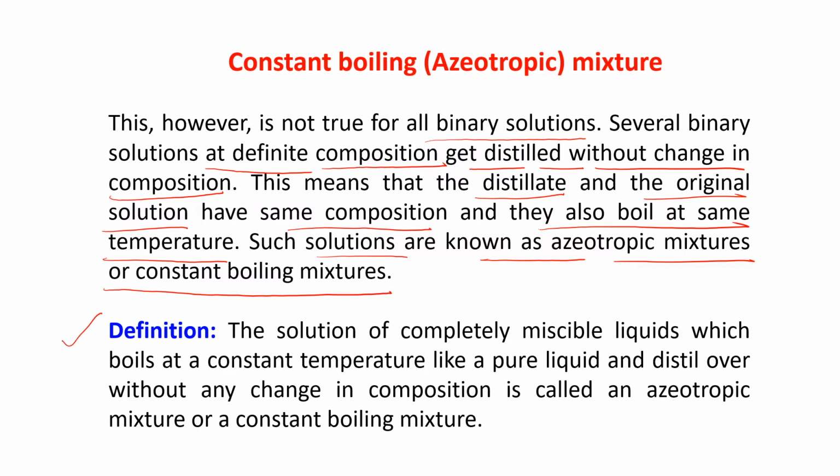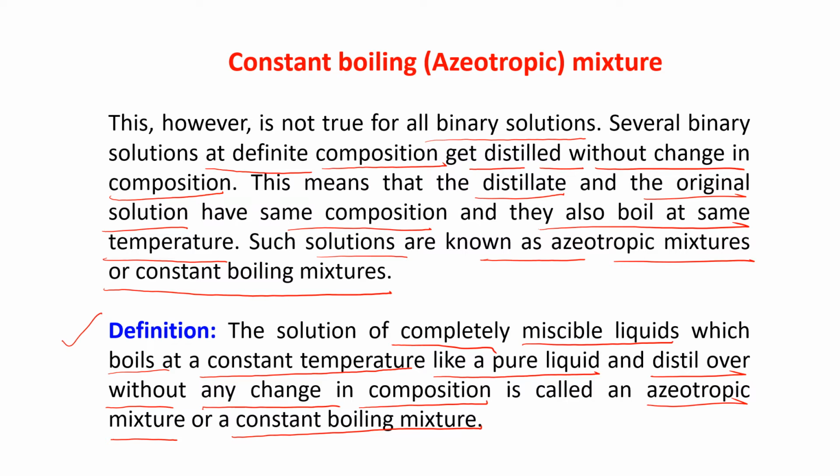The solution of completely miscible liquids, homogeneous, which boils at a constant temperature like a pure liquid, that means it will behave as a pure liquid and distill over without any change in composition, is called an azeotropic mixture or constant boiling mixture. I hope you have understood.